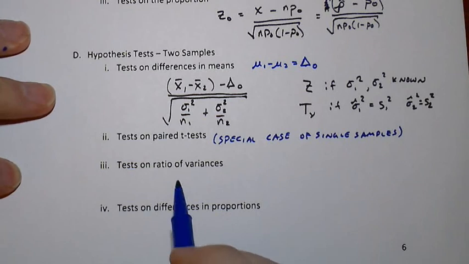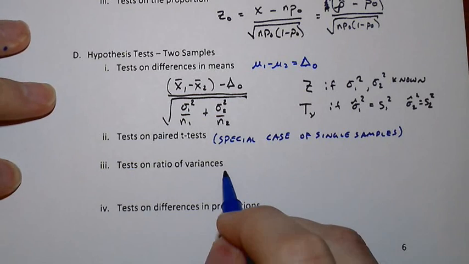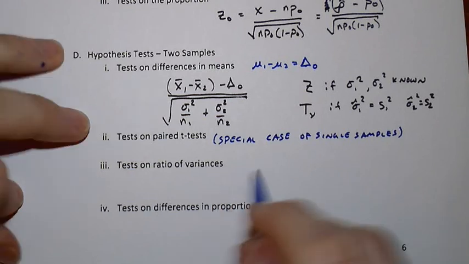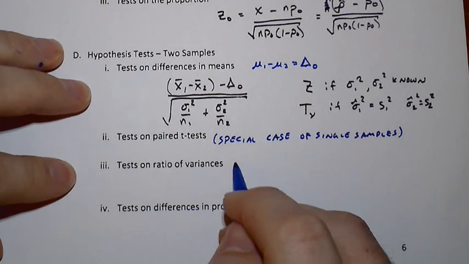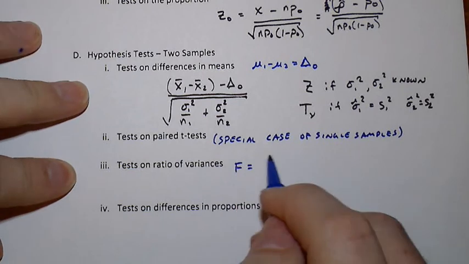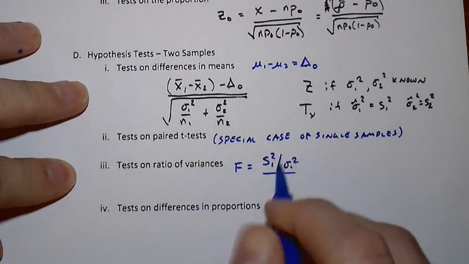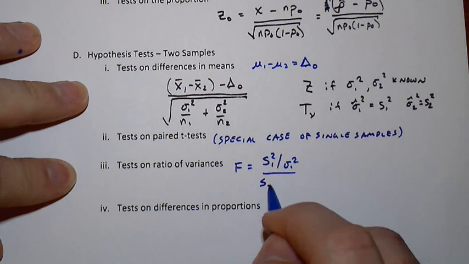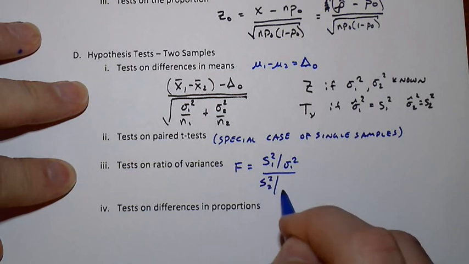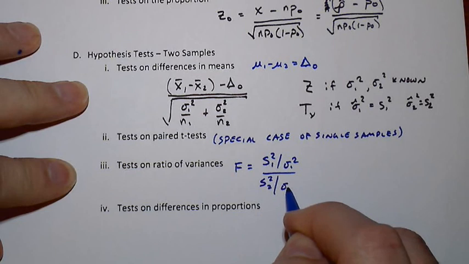Okay. For tests on ratios of variances, the general test statistic was to go to the F distribution, where we were looking at the ratio of the sample variance to its true variance in the numerator, and in the denominator, we get the second one.